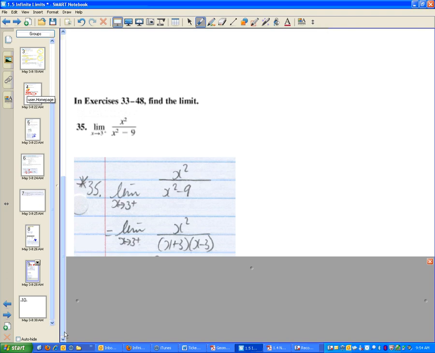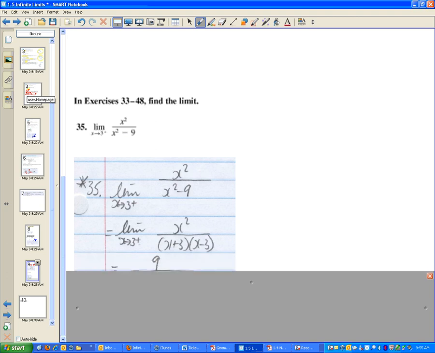And now we need to do some thinking. What's the limit of the numerator? What's the limit of x squared as x approaches 3 from the right? 9. It's a constant, isn't it? It's a positive constant. You can actually write the 9 if you want to, or you can just write positive.